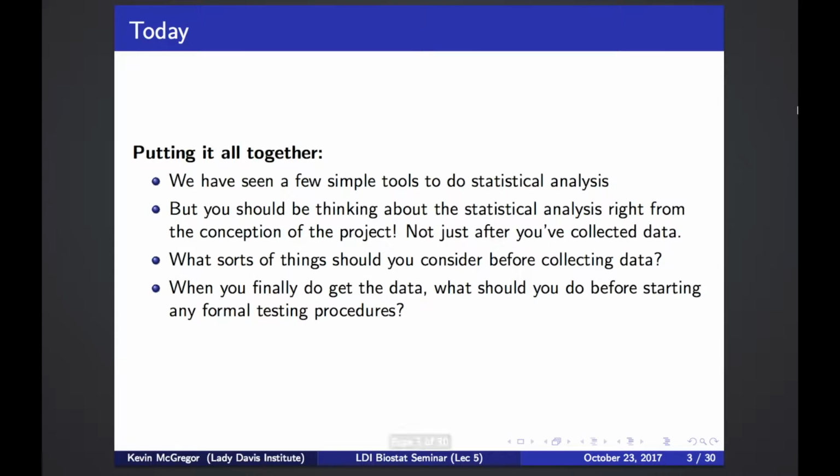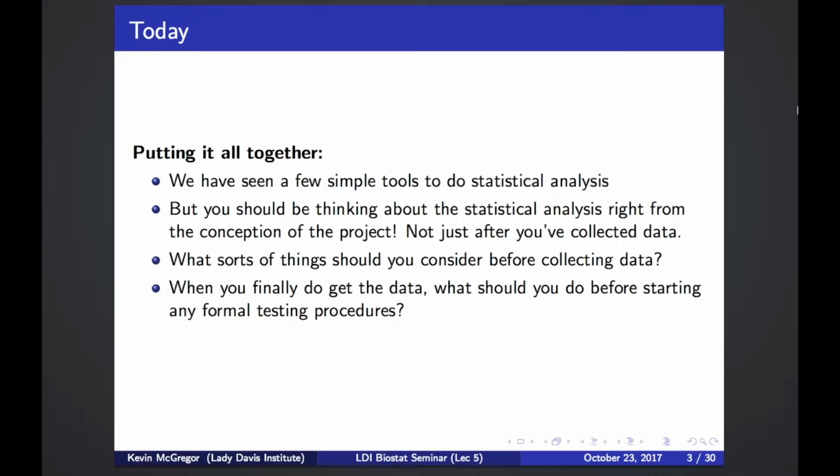Okay, so the title of today's lecture is Putting It All Together. What do I mean by that? So far we've seen a number of very simple but very useful statistical tools. We've seen some general measures of uncertainty, of central tendency.